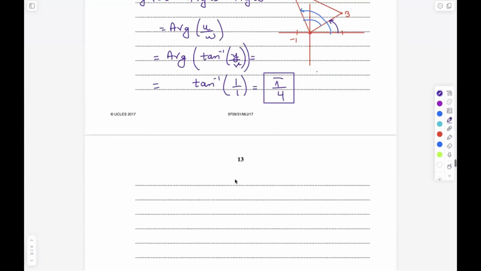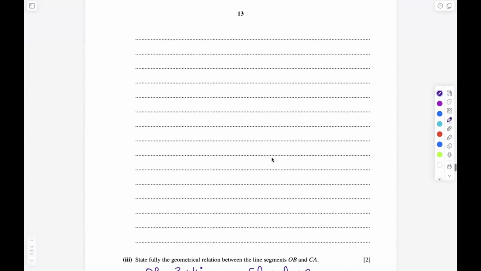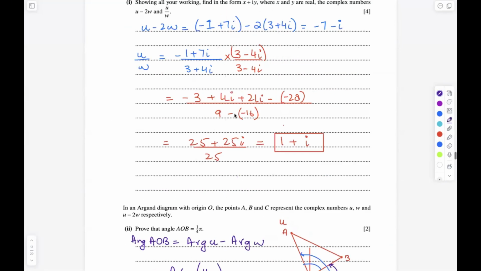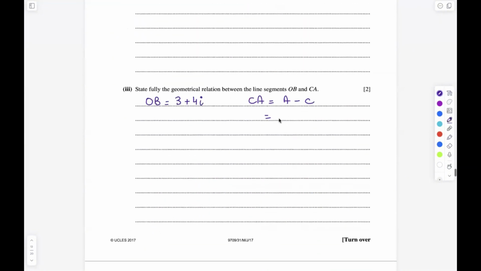In part 3, we have to state fully the geometrical relation between the line segments OB and CA. Now we know that O is the origin, and B was 3 + 4i, so OB will become 3 + 4i. Finding CA, CA will be equal to A minus C. A was represented by u, which was -1 + 7i, so we'll write -1 + 7i over here.